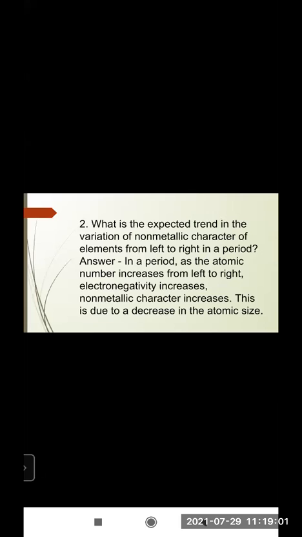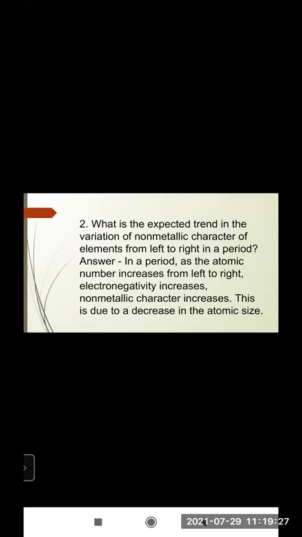In a period, as the atomic number increases from left to right, electronegativity increases and non-metallic character also increases. Already we have seen that. And this is due to the decrease in the atomic size. So this is the expected trend observed in the non-metallic character of elements from left to right in a period.